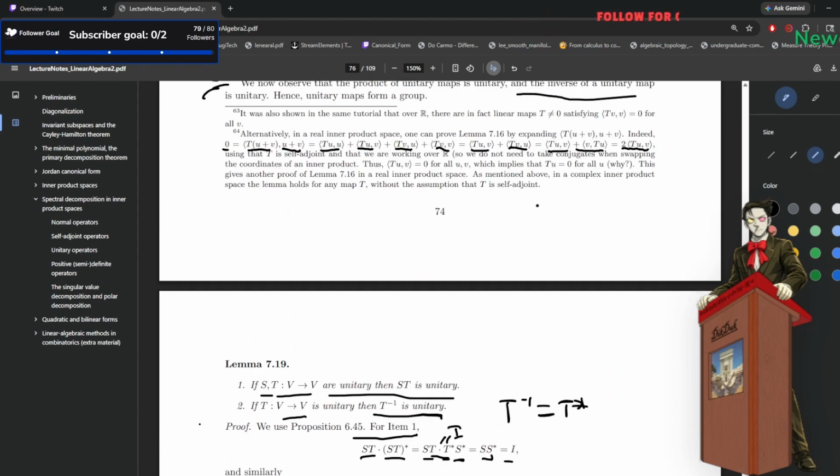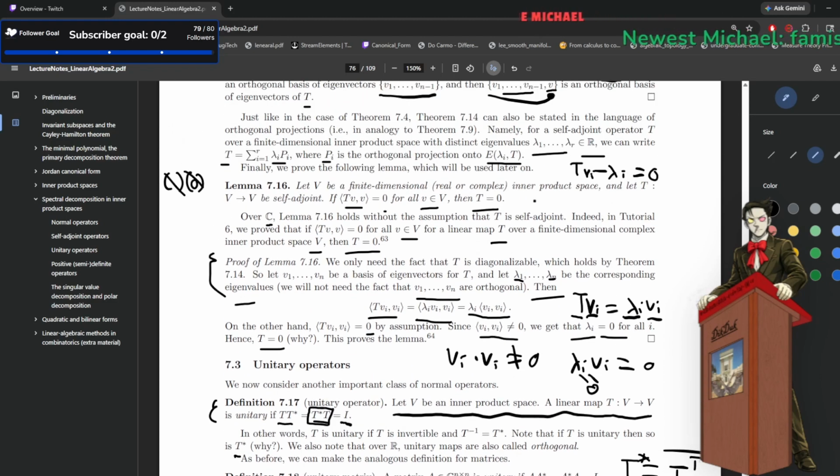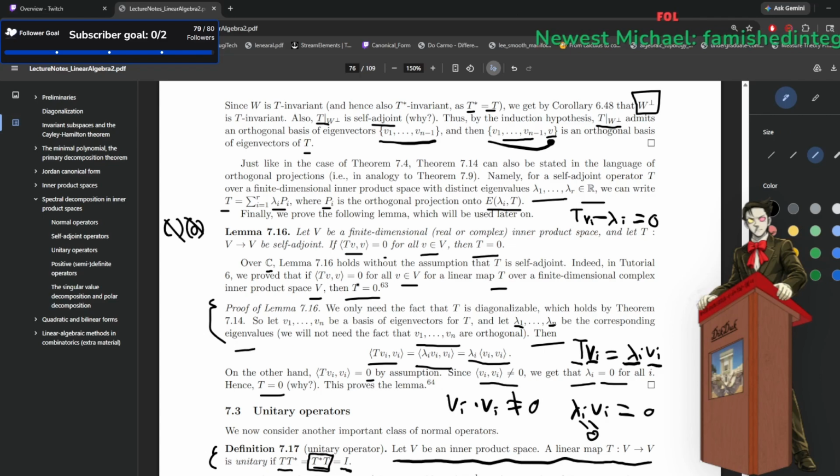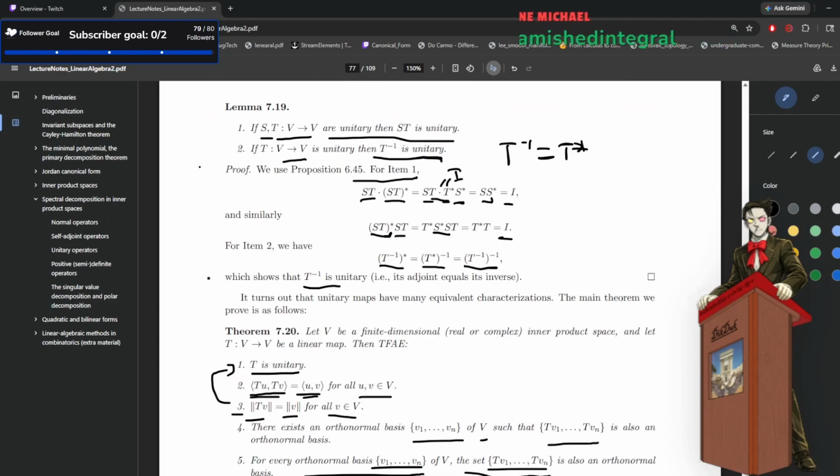I'm pretty sure it's a bit higher up. Yes, pretty sure it was. So if the inner product of Tv with v is equal to 0, then T is equal to 0. We explicitly went over this by the fact that vi with vi is not 0. In the case where it is, we know that T has to be 0 because lambda has to be 0, and since we're working with eigenvalues, T(vi) is equal to lambda i vi. Let us continue.